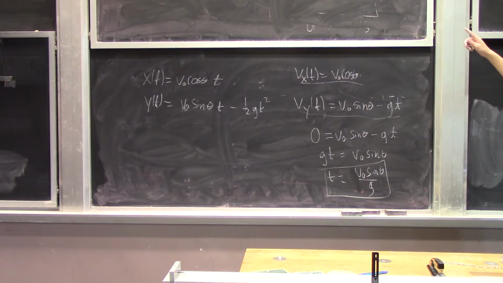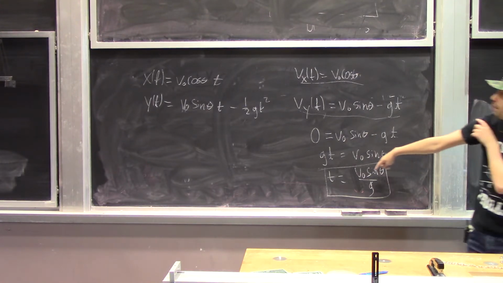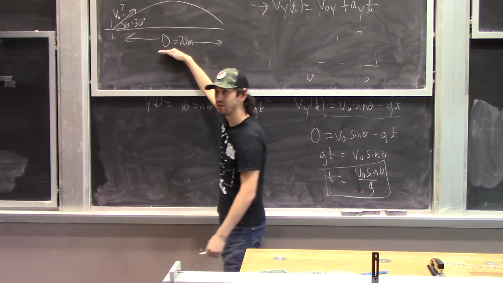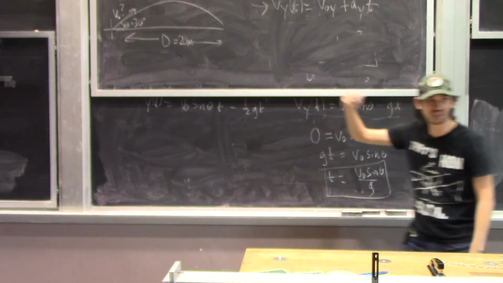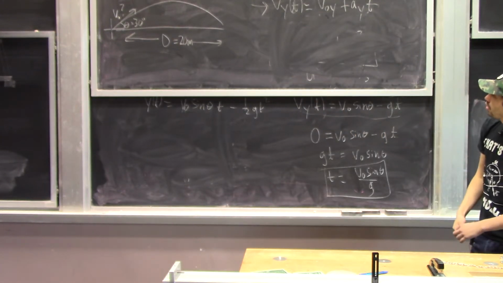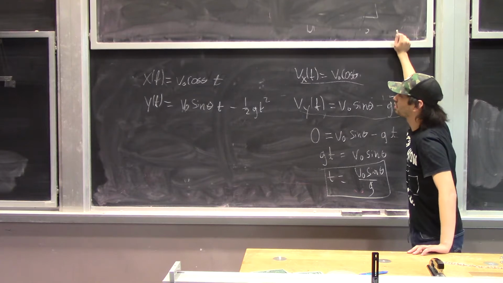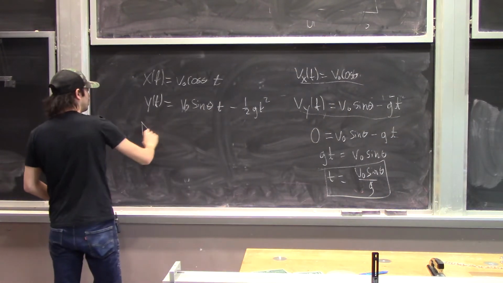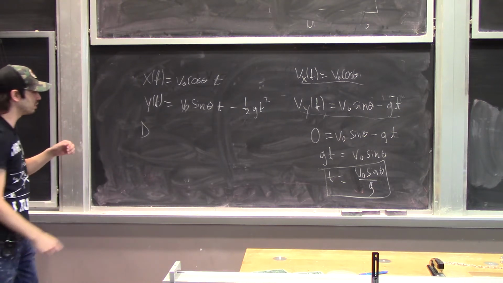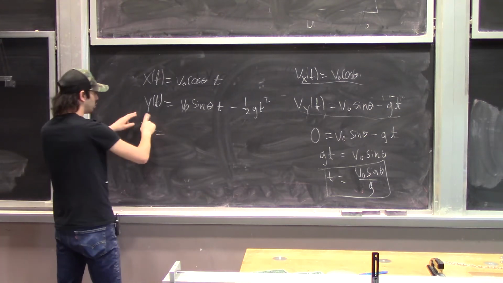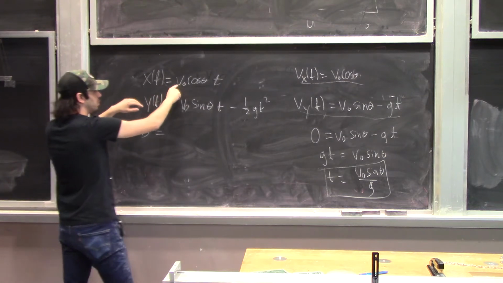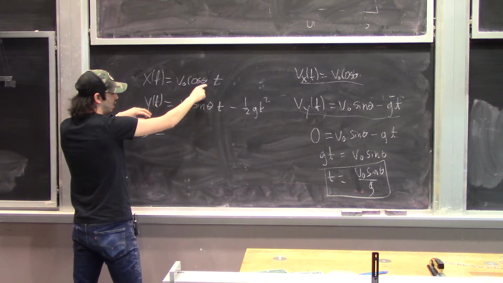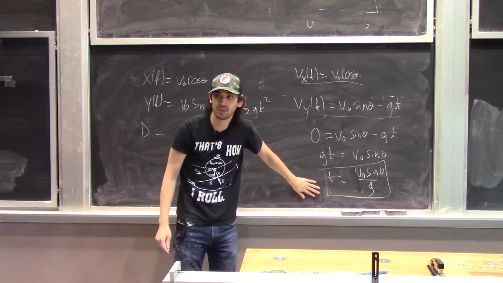And so now we have this time, and there's another condition or another piece of information we haven't used yet, right? We haven't used the distance that this covers. And so in order to use that distance, what we can say is that d, the total distance, is going to be equal to this v0 cosine of theta times 2 times this time, right?